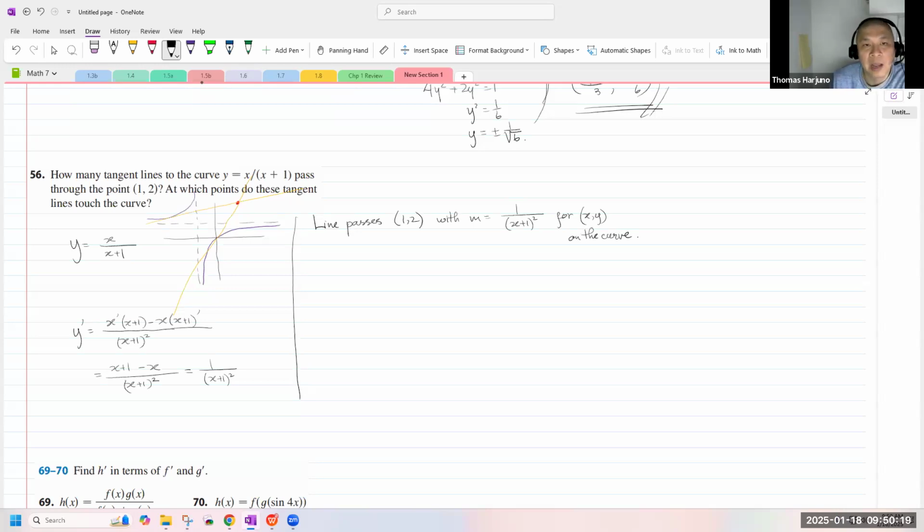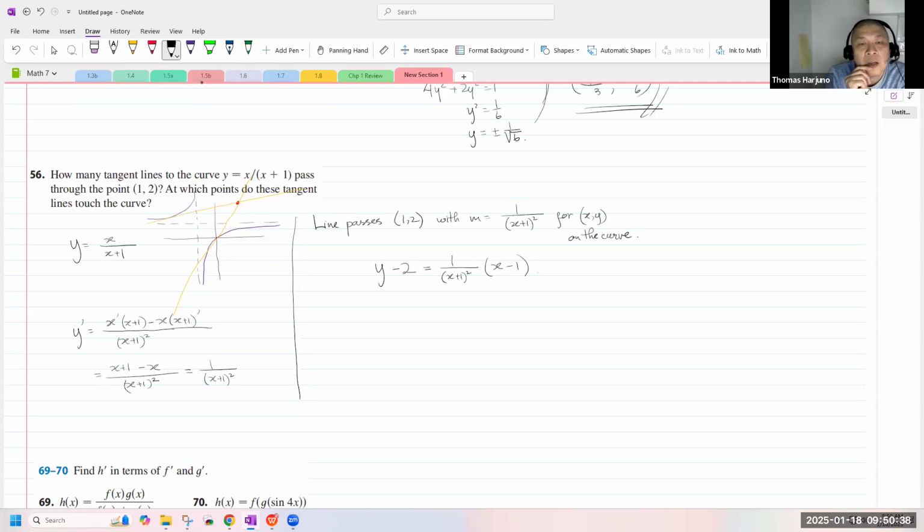Because we know it must pass this coordinate, then we must have y minus 2 equals the slope times x minus 1. It must be like that.